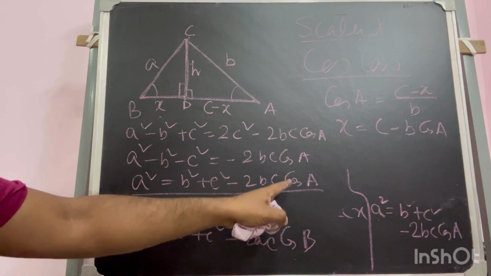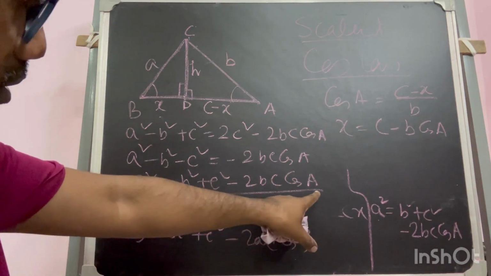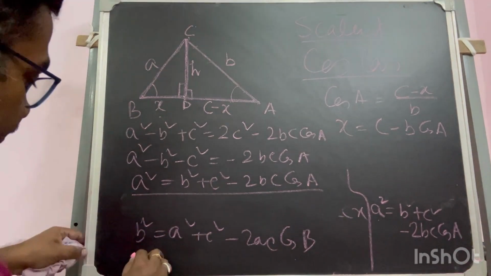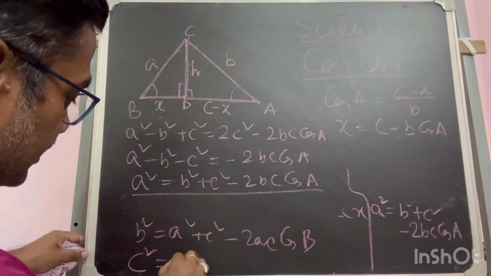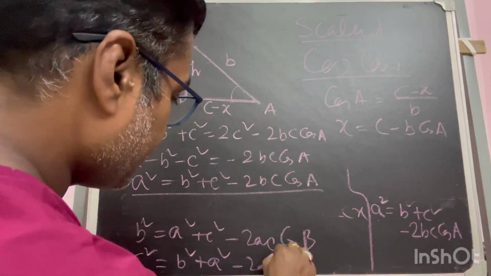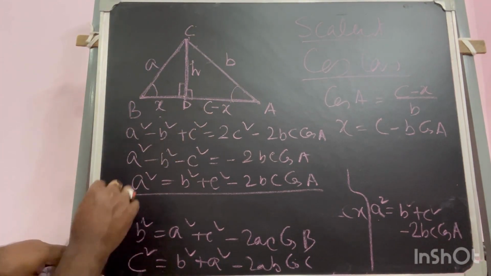So these two are similar. You can understand easily when cos A is coming this side, when cos B is coming. So the third equation can easily be written, isn't it?